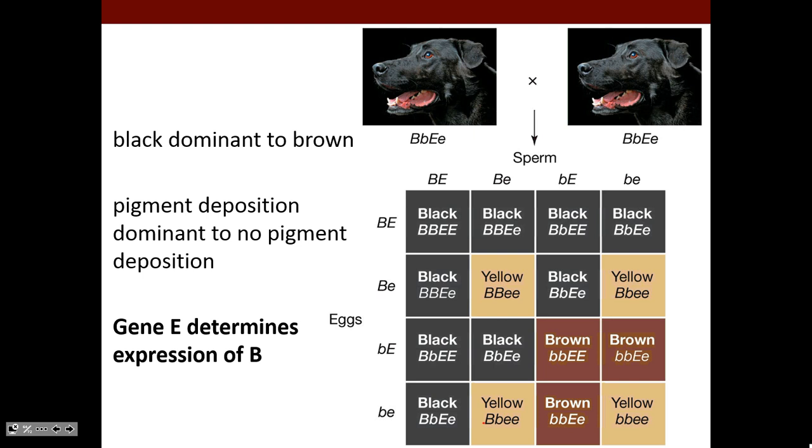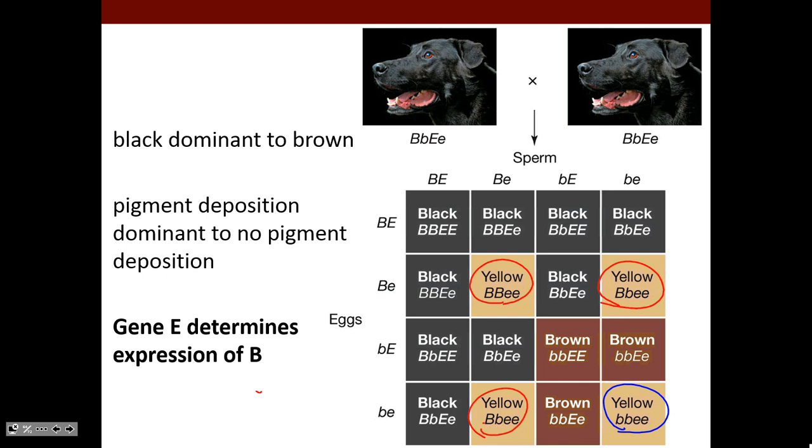That's these three here, right? Although they're producing black pigment, the two little e's mean they can't express it. Some individuals will have brown pigment that's expressed. And then 1 out of 16 will have brown pigment that's not expressed, right?